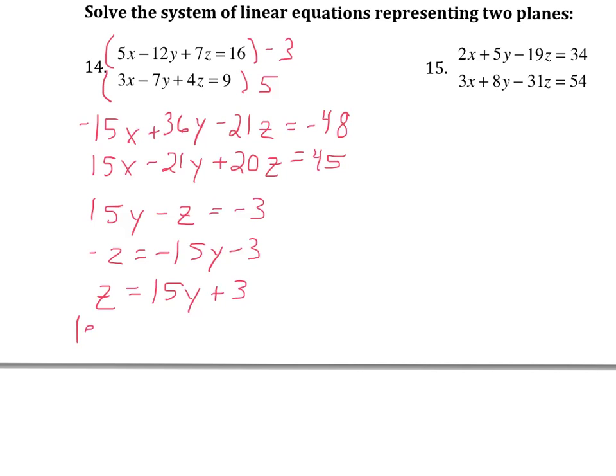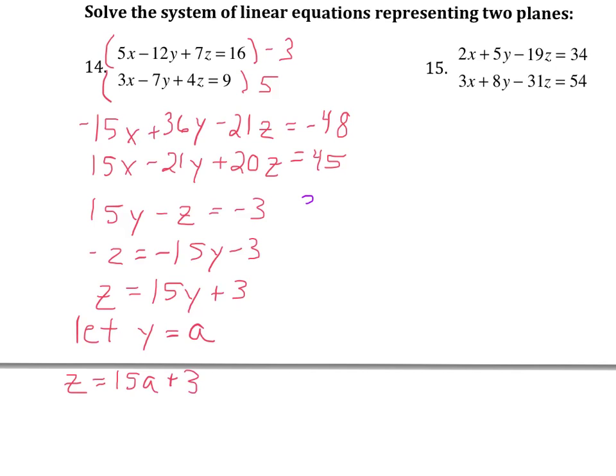So now I'm going to let y equal a. So z equals 15a plus 3. So now we just need to plug in the a and the 15a plus 3 for y and z and solve the equation in terms of x. So it looks like maybe the second equation would be the easiest to plug everything into.